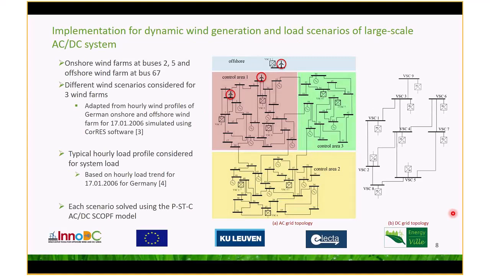This data is adapted from the hourly wind profiles of German onshore and offshore wind farms for 17 January 2006 and simulated using the CorRES software. A typical hourly load profile is considered for the system load, based on the hourly load trend for the same date for Germany. Each of these scenarios is solved using the preventive short-term corrective AC/DC SCOPF model.